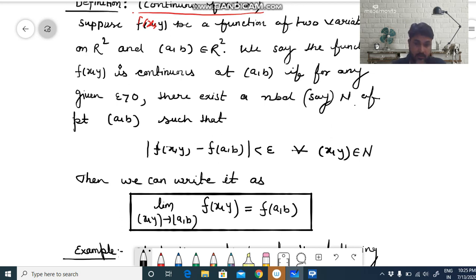And then we can write it symbolically as the limit of f(x,y) as (x,y) tends to (a,b) is equal to f(a,b).